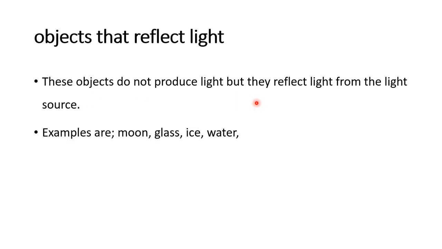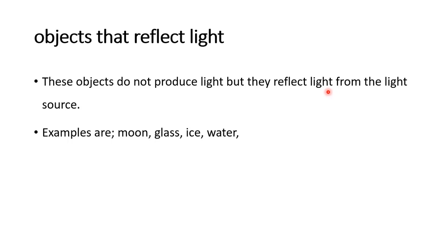The moon reflects light from the light source. So the moon is one of the objects that do not produce light, but they reflect light from the light source. To reflect means to bend or to bounce off, bend back.